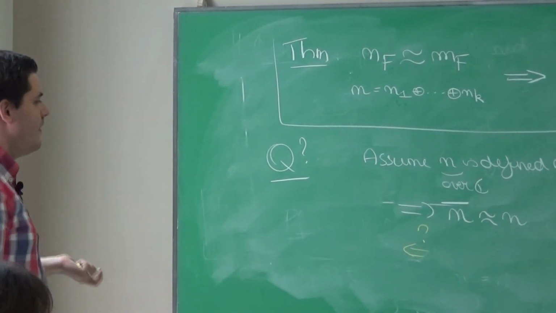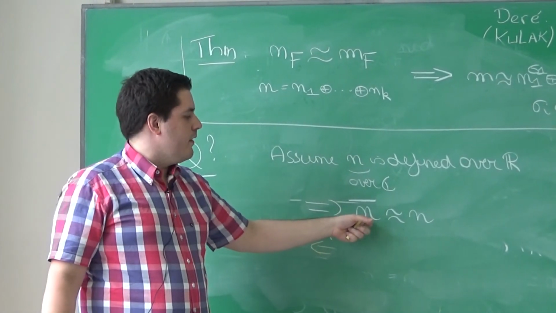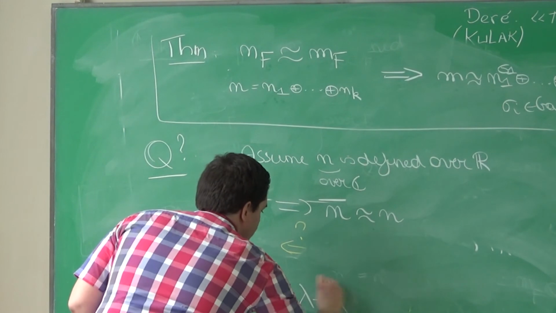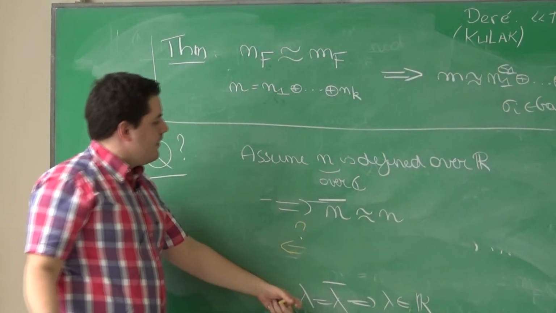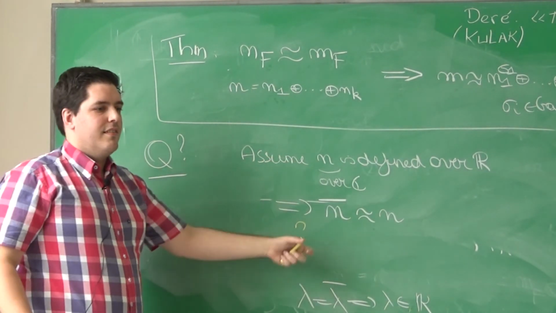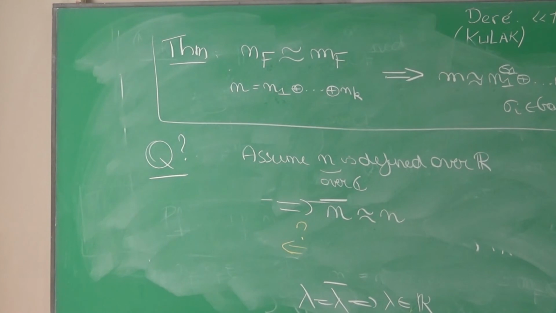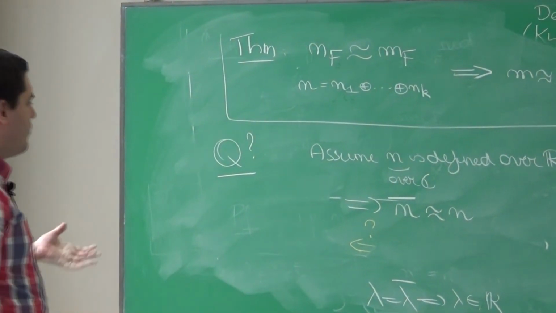If it were true, it would be very nice, because it is a bit like saying if lambda is equal to its complex conjugate, then lambda is real. It's the Lie algebra version of this. I don't expect it to be true, but for me it's very open whether this holds.